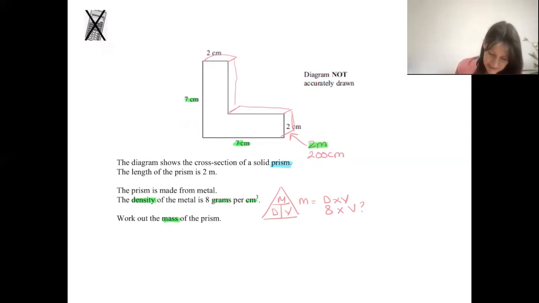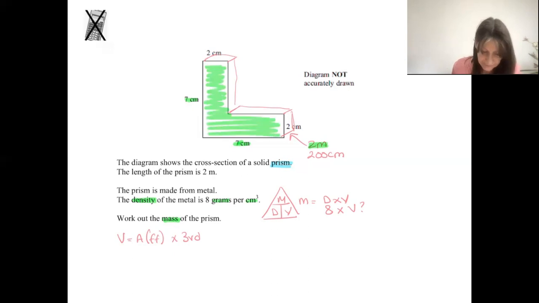So the volume is found by doing the area of the front face times by the third length. The front face is our cross section. We in class refer to that as a front face. So the front face is my L shape here. My L shape, I'm going to split into 2 rectangles.